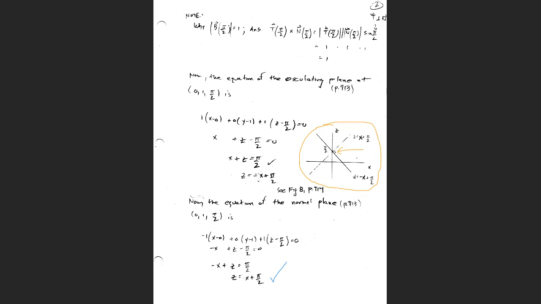Okay. Well, let's now get to the curvature on the next page. So curvature for the helix, here's the definition of curvature. That's Formula 9 from page 710. And we know there are other ways to find curvature as well, but I'm just choosing to use this definition of curvature.